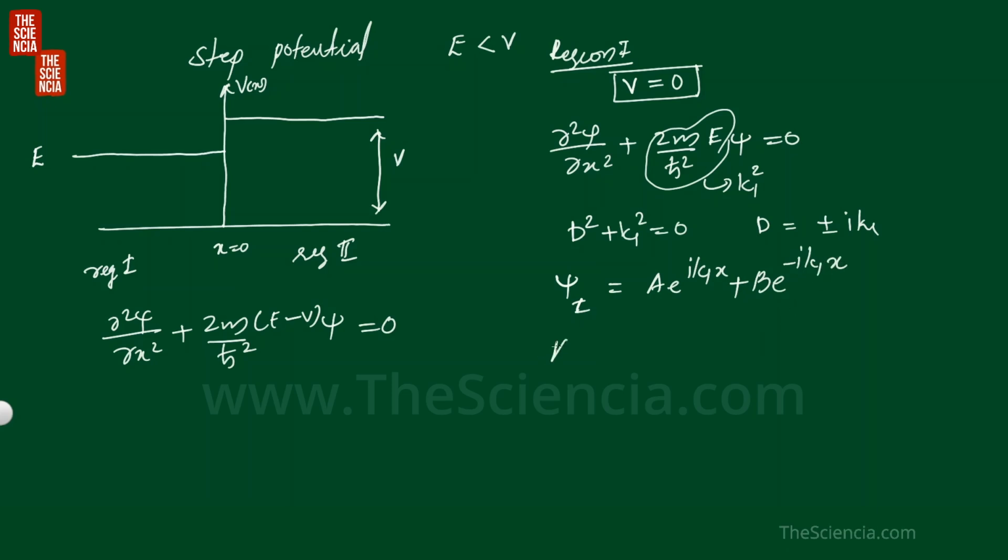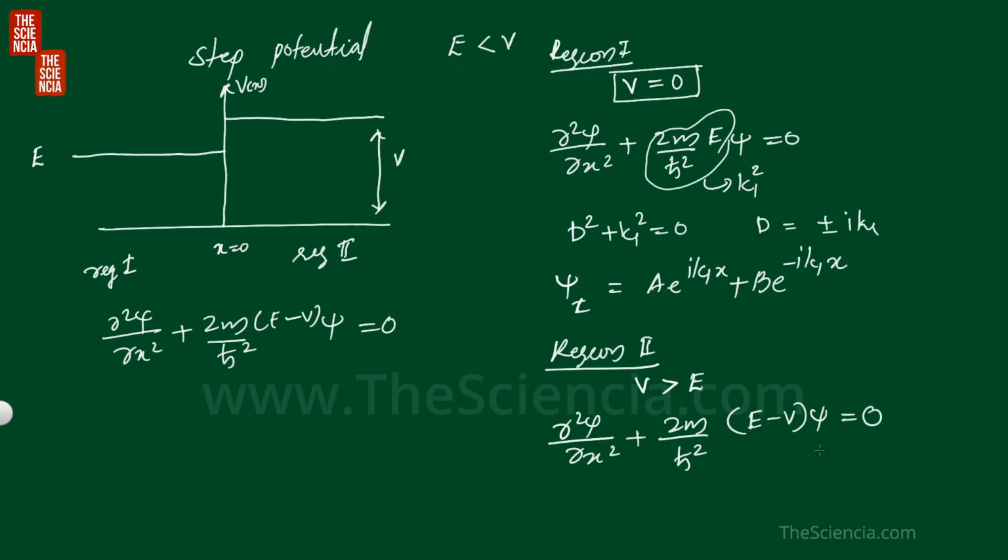Now we have to evaluate the Schrodinger equation in region 2. In region 2, there is a potential V, and this potential V is greater than the energy of the particle. So when we substitute in the Schrodinger equation, we get dou square psi by dou x square plus 2m by h cross square into (E minus V) psi equal to 0.